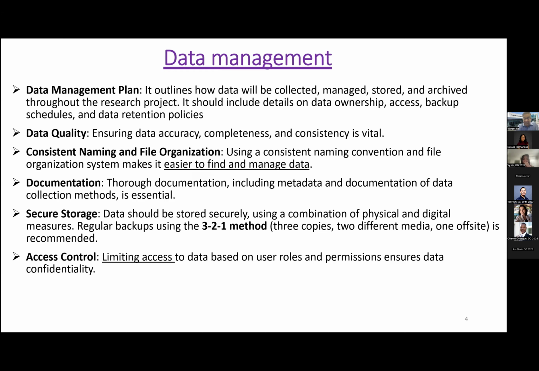Then data quality, we should always check for the quality of the data, whether the data which we are collecting is accurate or not, whether it is complete or not, and the consistency. Like if we are collecting for the clinical research, if we are collecting the patient CMP and BMP, or we are collecting the age, BMI, height, all parameters.